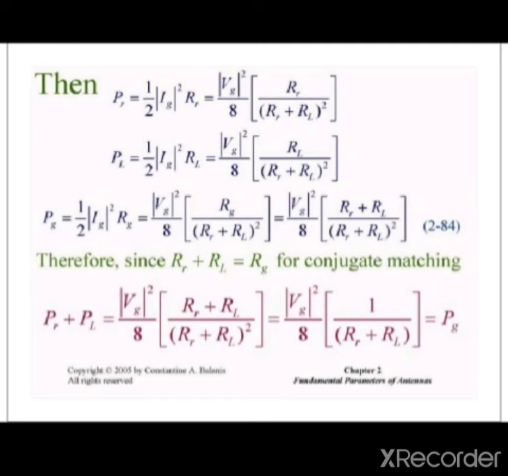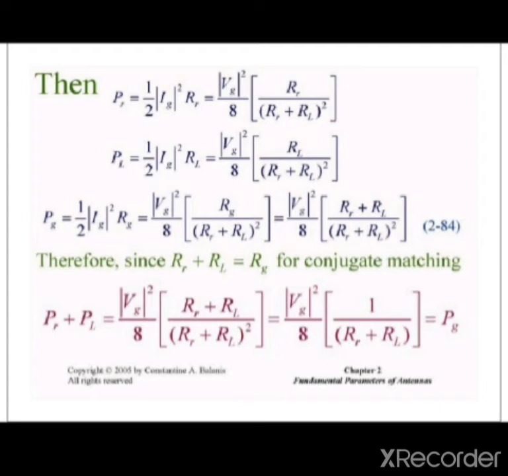So we have the radiated power, the loss power, and the generator power. The total RR plus RL is equivalent to RG, the conjugate matching condition. Finally, the radiated power and the loss power combine to give the total power, so PT equals PR plus PL.